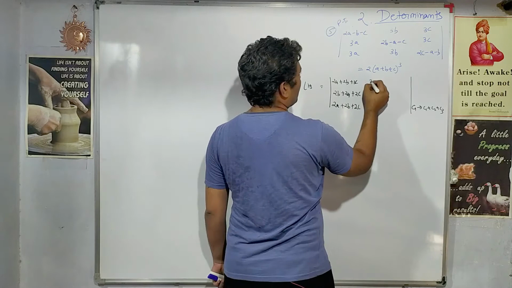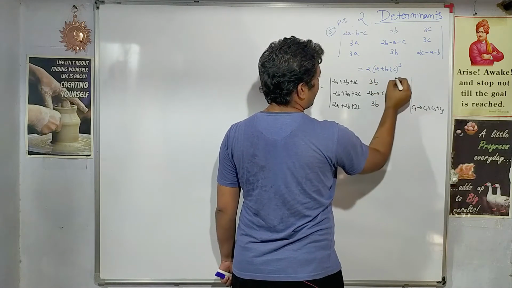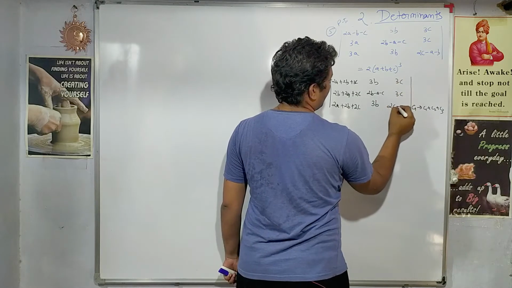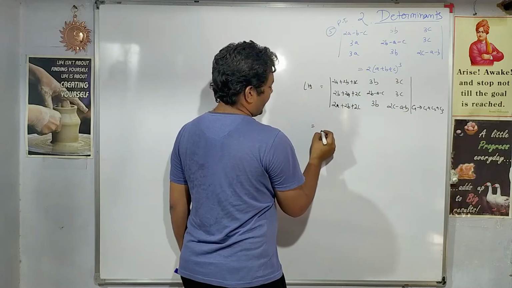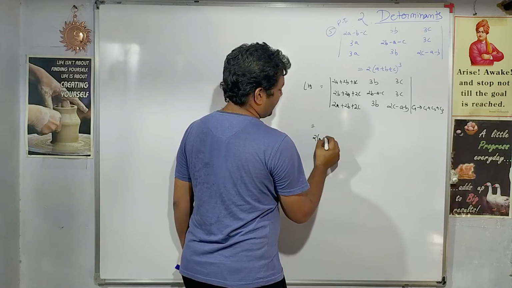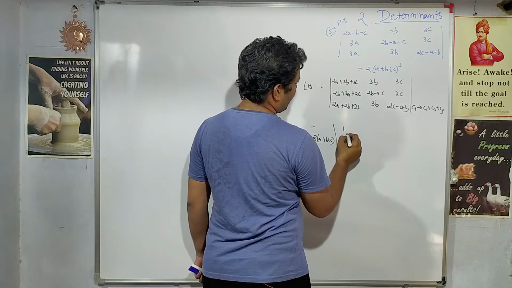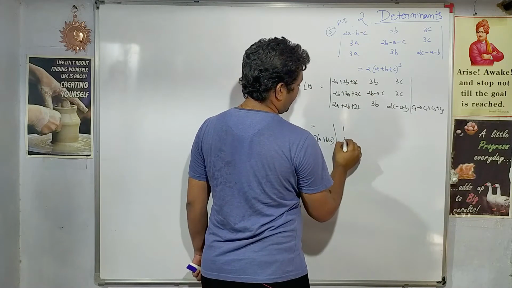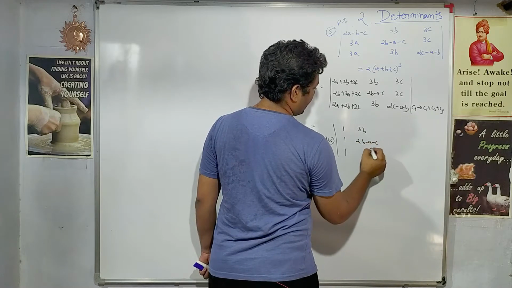Then let other columns be as they are. So from here I can get 2 times, right, a plus b plus c common. So remaining will be 1 1 1, 3b, 2b minus a minus c, 3b.